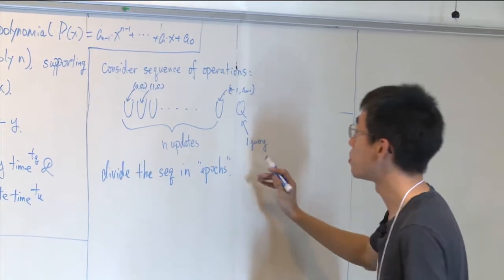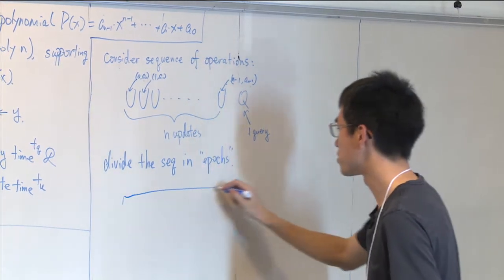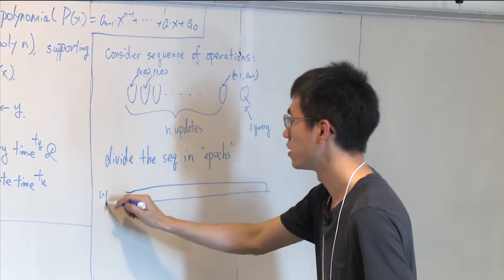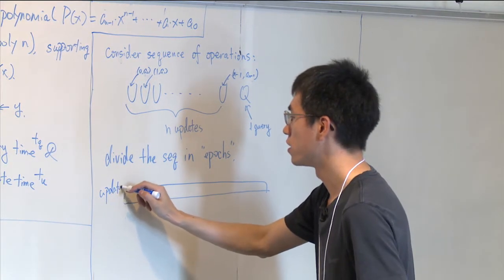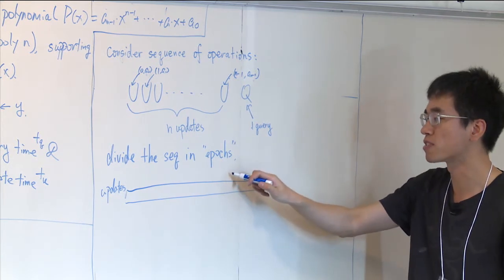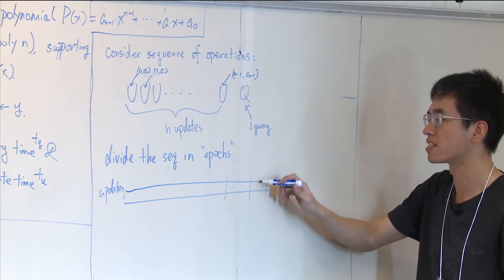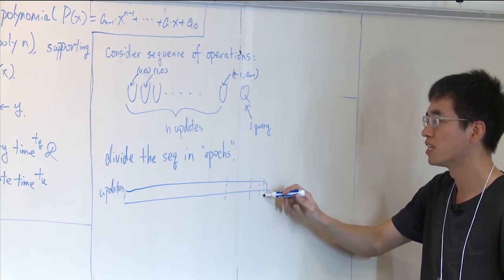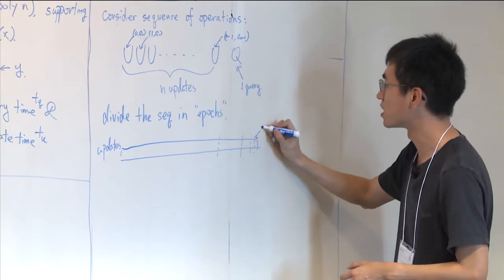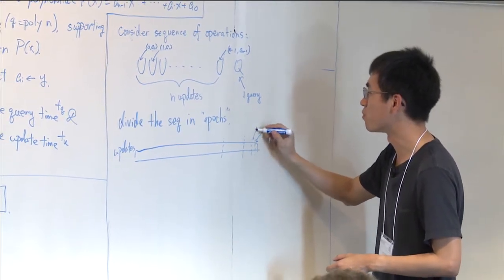The size of the epochs will be geometrically decreasing. The first epoch will be most of the updates in the sequence, and the second epoch will be something smaller, and the third one will be smaller, and so on. In general, we name the last epoch epoch 0, and then this is epoch 1.